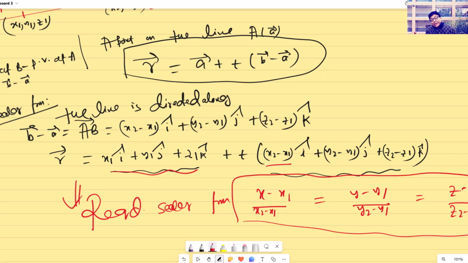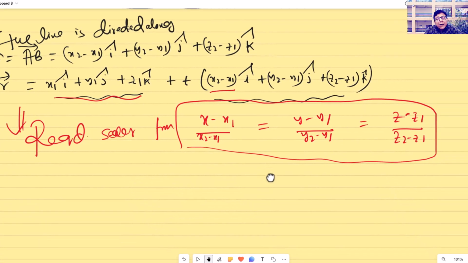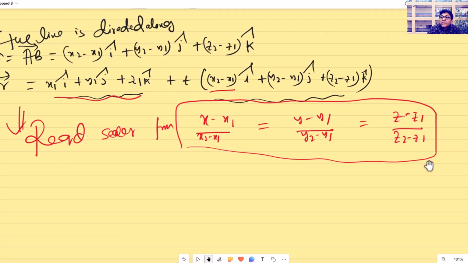So this way you can get both scalar and vector form of a line which is in 2-point form. 2 points are known on it, then you have to write the equation of the line.